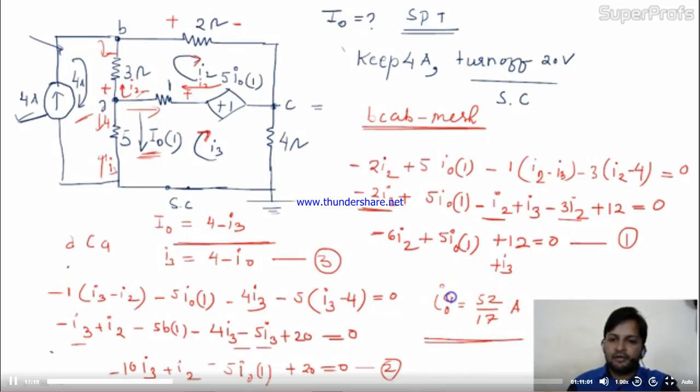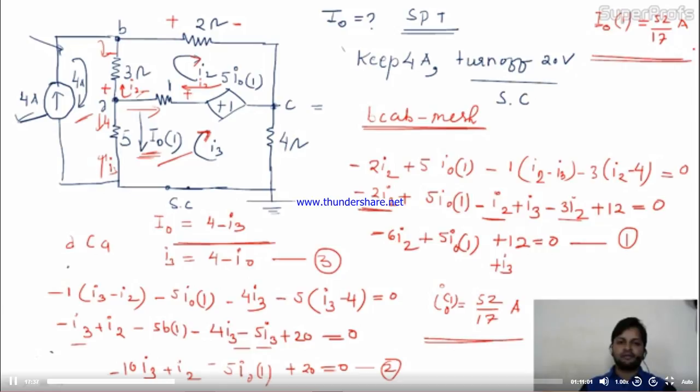This is I01, okay? In the first case, I01 is nothing but 52.17 ampere, and the direction of this is from A to ground.